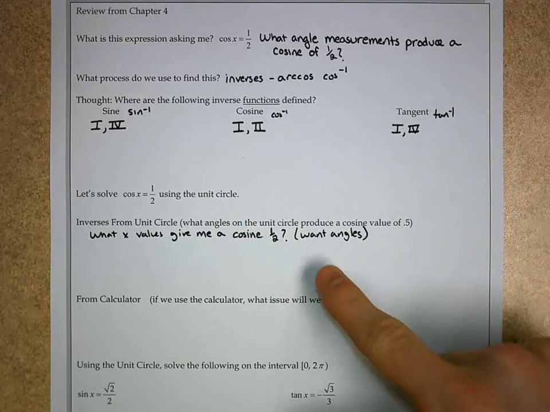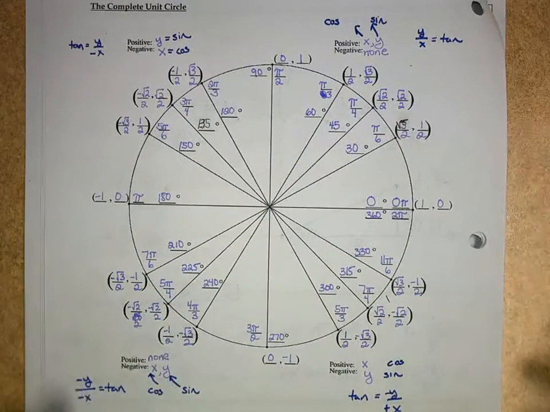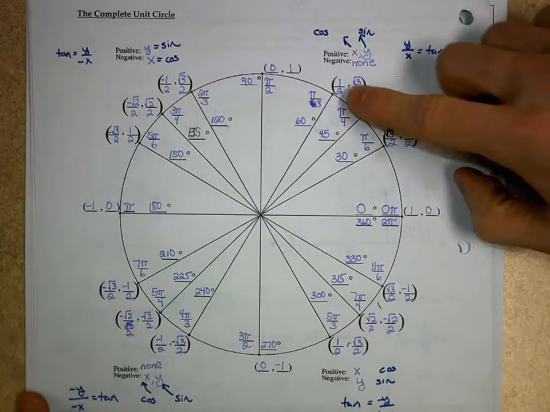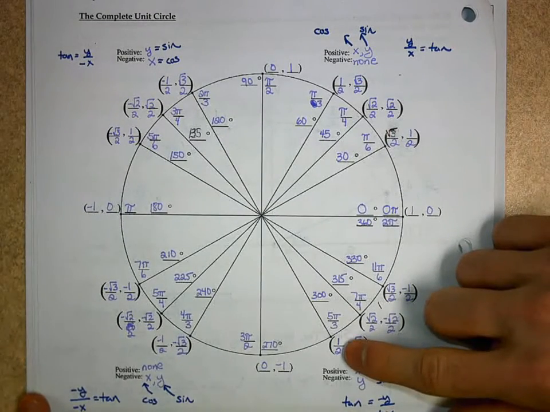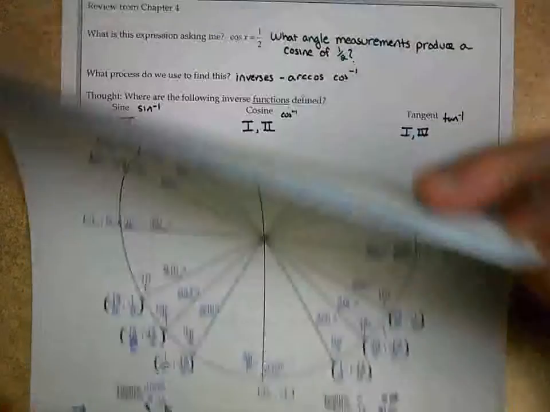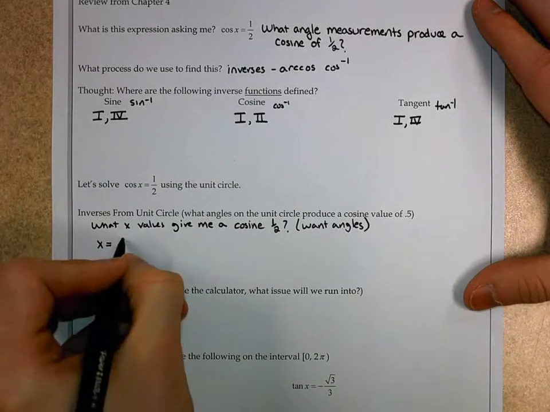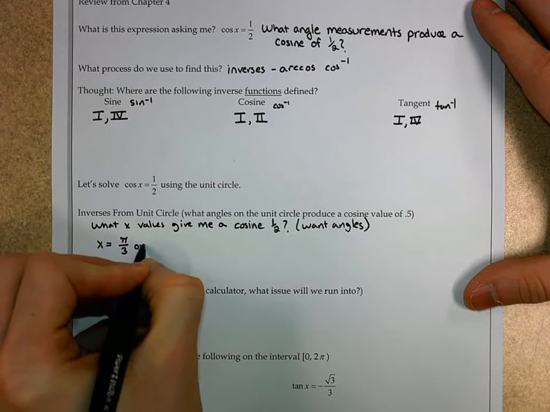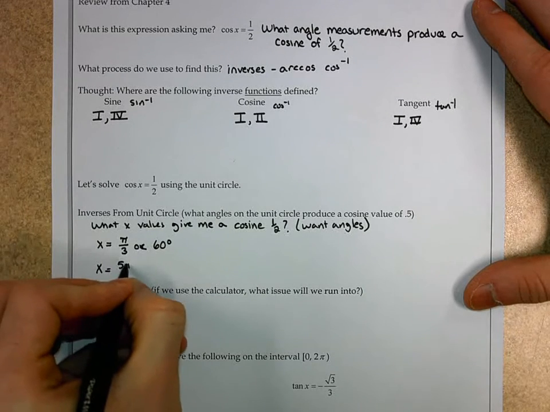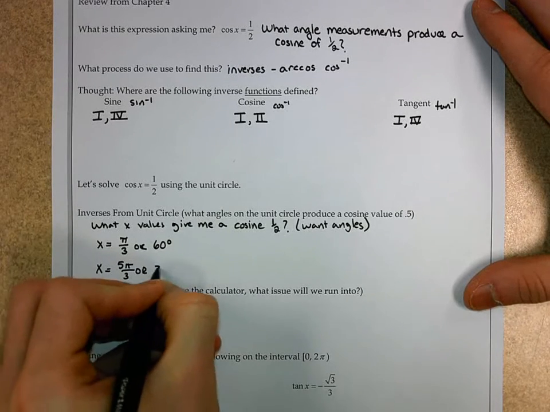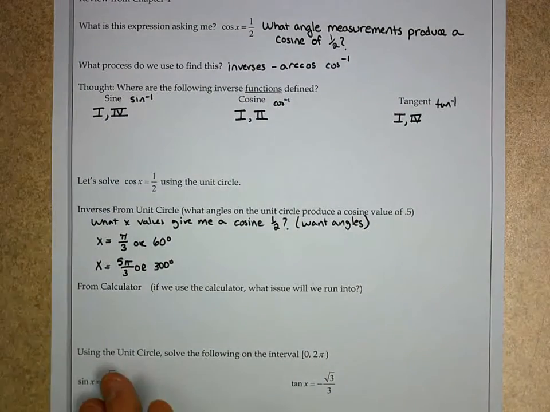So cosine of 1/2 is positive, and we know cosine is positive in the first and the fourth quadrant. If I look at the first quadrant, there's my x-coordinate that's 1/2, and down here's my x-coordinate that's positive 1/2 in the fourth quadrant. So I can see that x is going to equal pi over 3, or 60 degrees, and x equals 5 pi over 3, or 300 degrees. Nothing new there.